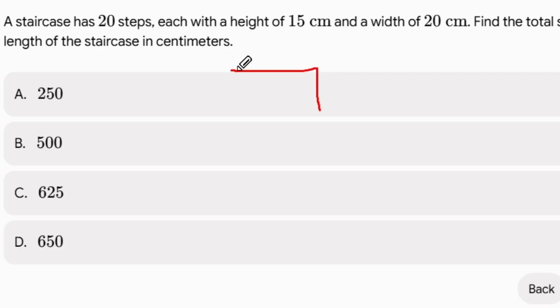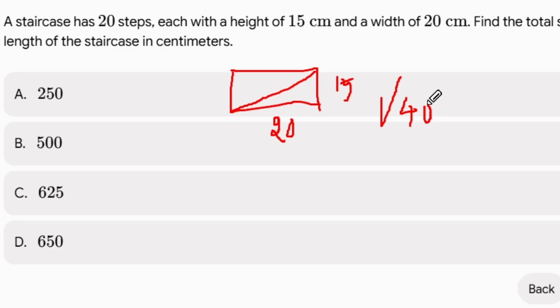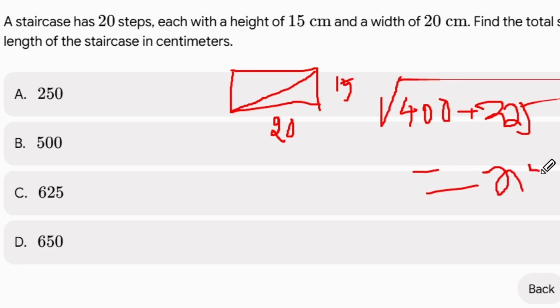This is the step, measurements 20, 15, then slant length square root of 20 square plus 15 square, that equal to 25.